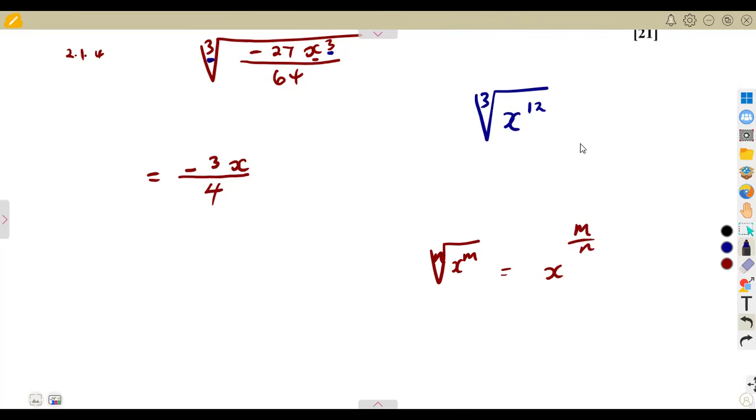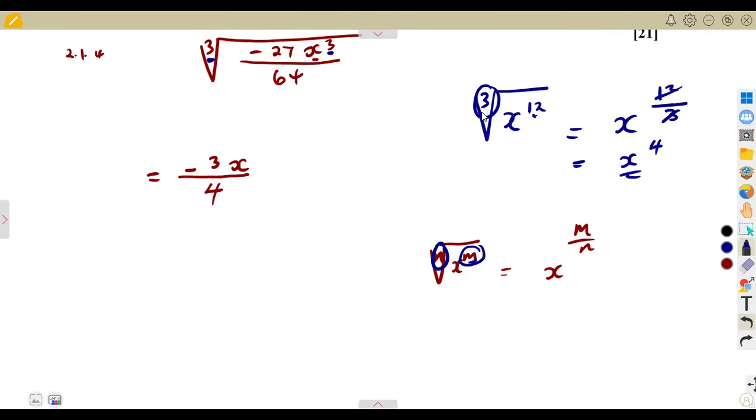It means that we are having x to the exponent of m, which is the exponent there, which is 12, over n, the number inside of the root sign, which is the 3. We consider the cube root. So this will be x to the exponent of 12 divided by 3, that is 4.